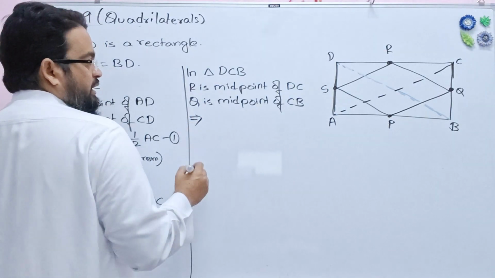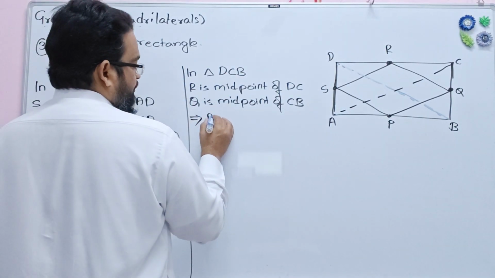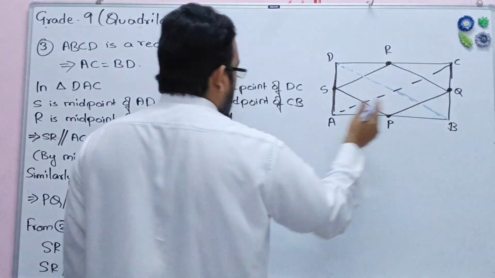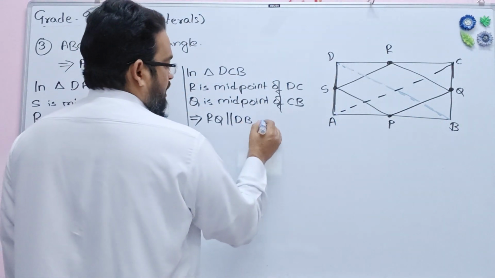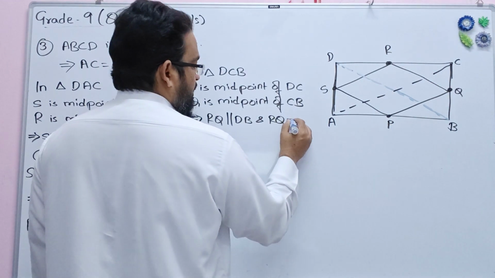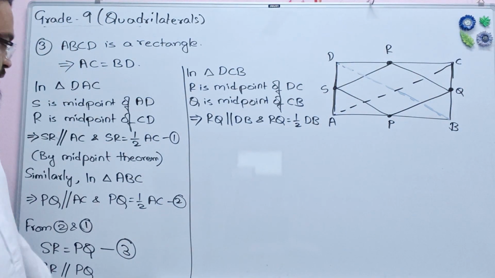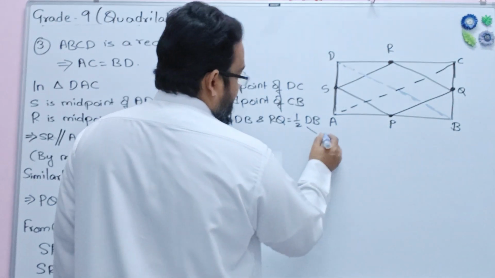So from the midpoint theorem, RQ is parallel to DB and RQ is equal to half of DB. Understood? So this is the fourth equation.